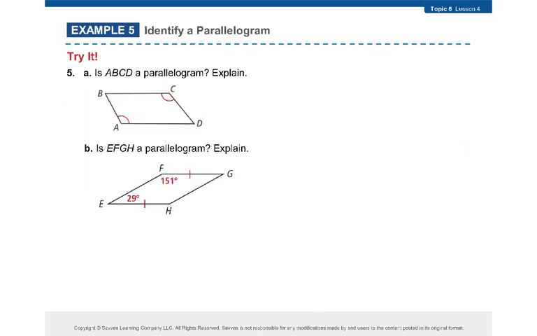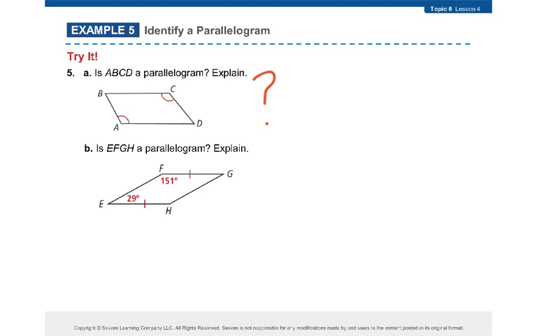Now let's have try number 5. Is ABCD a parallelogram? Explain. Why is it a yes or a no? And what about B? Is EFGH a parallelogram? Now remember, for letter B, it should have indicators.